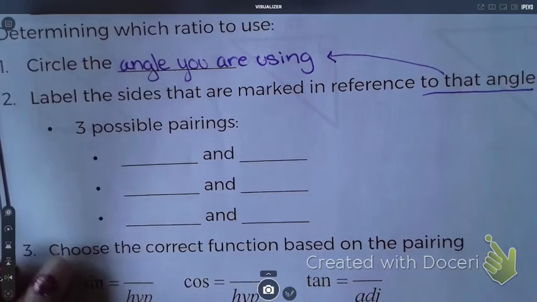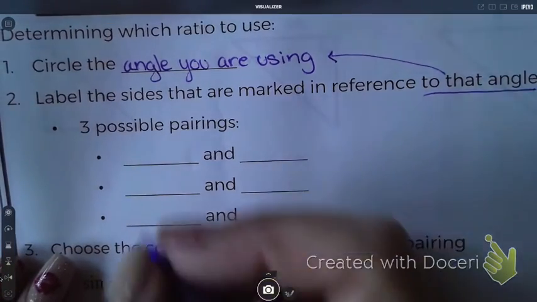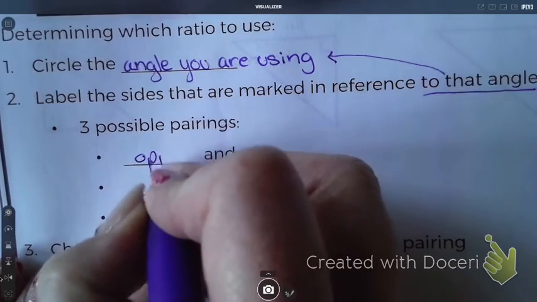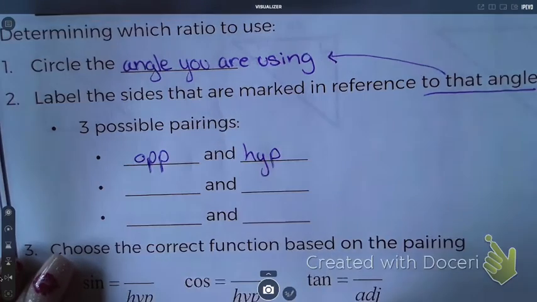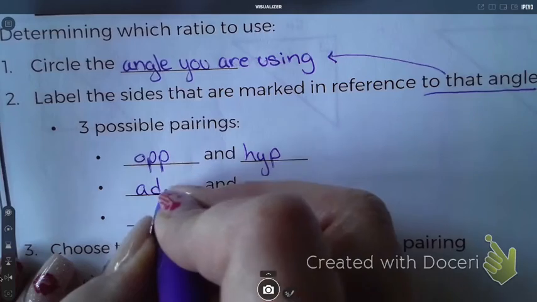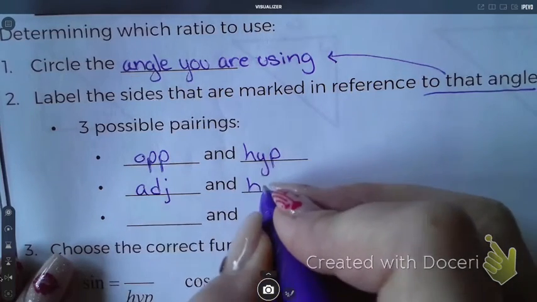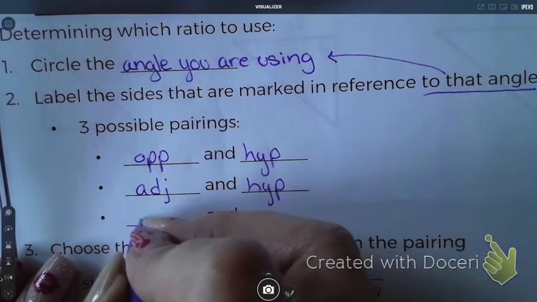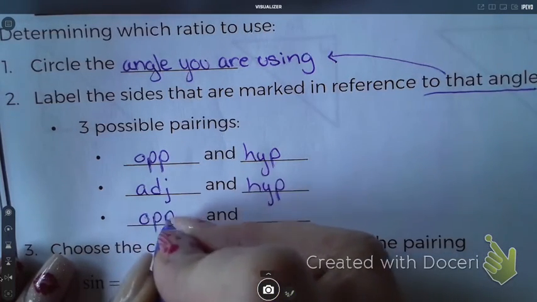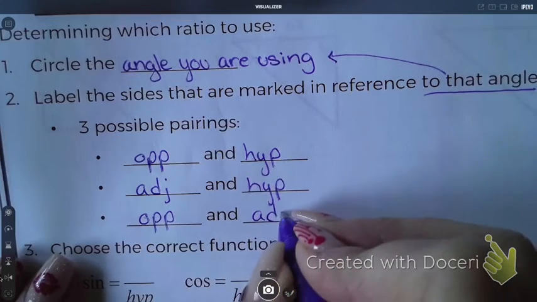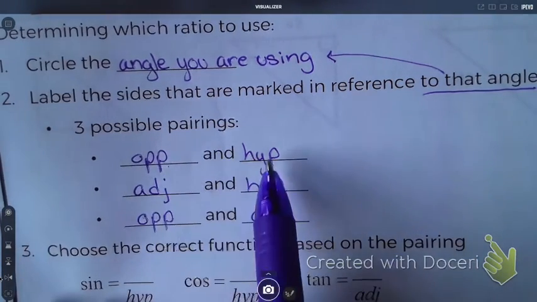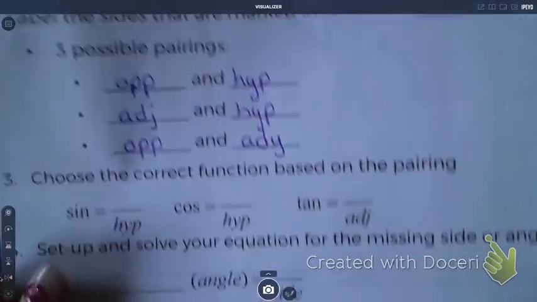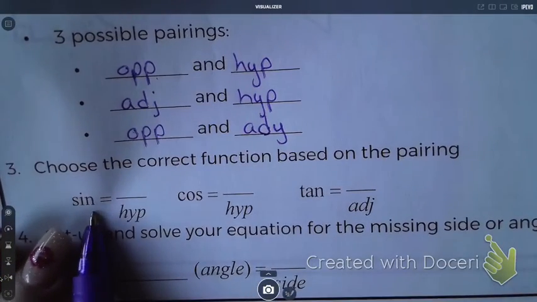Our possible pairings are opposite over hypotenuse, adjacent over hypotenuse, or opposite over adjacent. If we are given opposite over hypotenuse, we're going to use what? Sine.